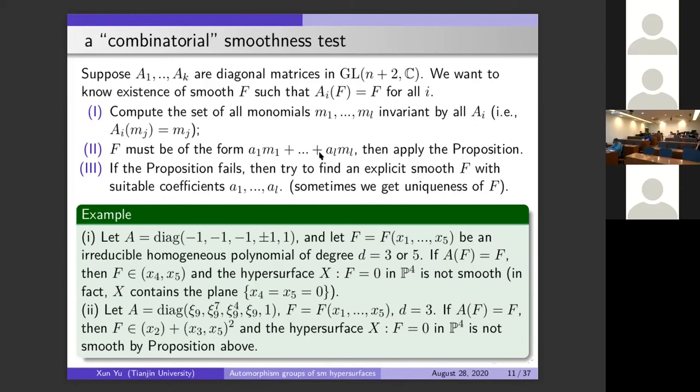Then, since F is preserved by all those Ai, F must be of the form of a summation with coefficients.